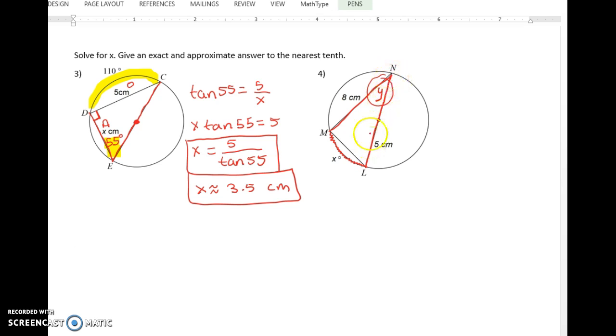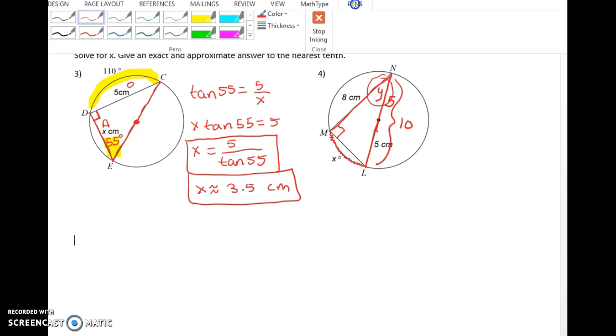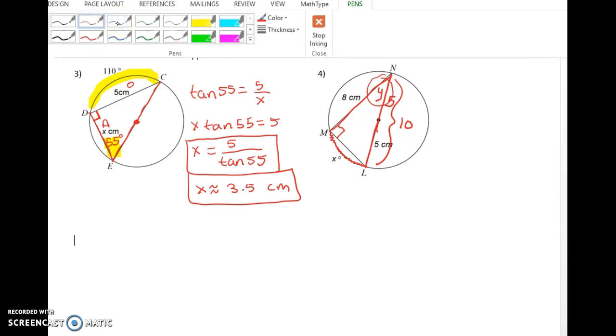I know, again, since this is a diameter, that this would have to be a right angle, so I know for sure that I can use trig. Now, be careful because 5 centimeters here is only the radius. So there's an additional 5 centimeters here because any radius is congruent to any other radius of the same circle. So that means that this entire length is 10.